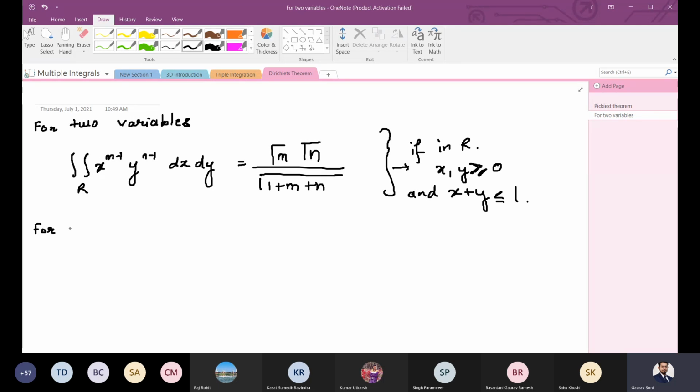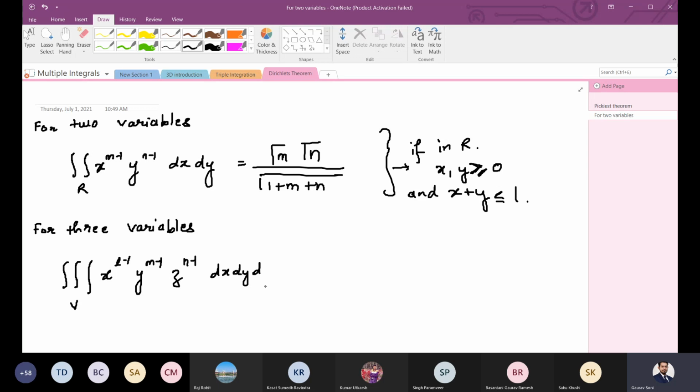And for three variables, a triple integral over the volume V, x raised to L minus 1, y raised to m minus 1, z raised to n minus 1, dx, dy, dz. This is equal to gamma of L, gamma of m, gamma of n upon gamma of 1 plus L plus m plus n.